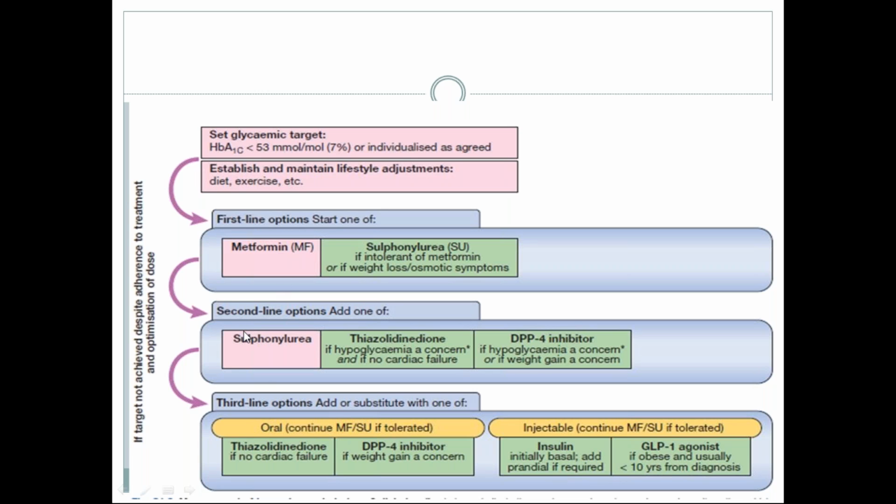And if the glucose is also not controlled with two drugs, then it should be added on with a DPP4 inhibitor, that is metformin plus sulfonylurea plus DPP4 inhibitor, or insulin with a GLP-1 agonist. So these are the treatment options that are given.